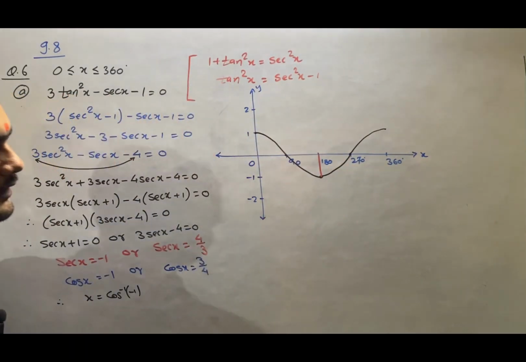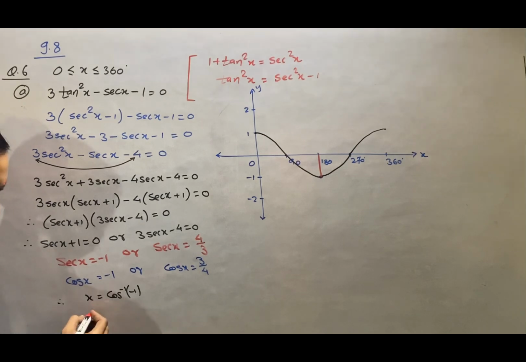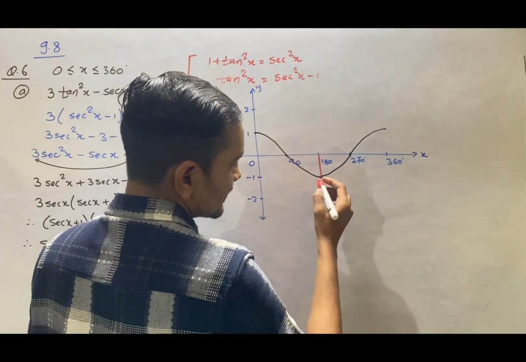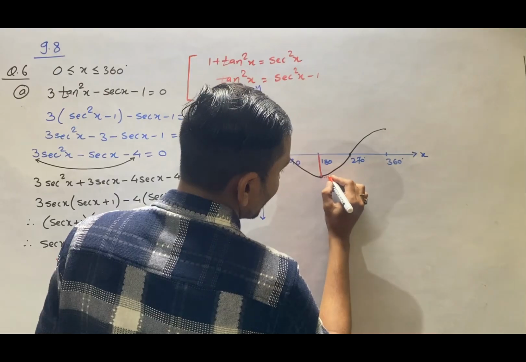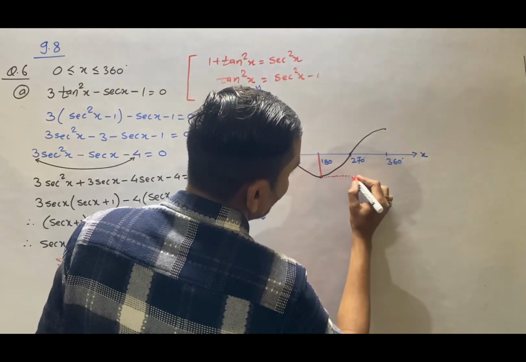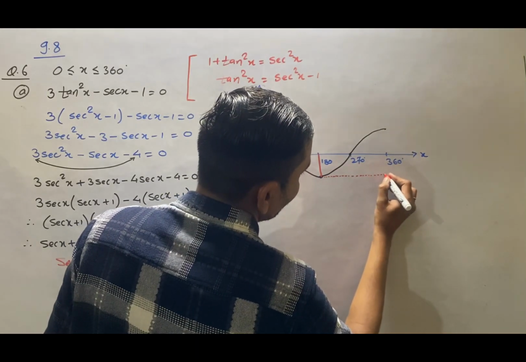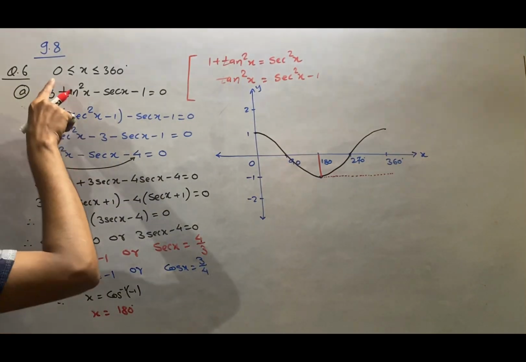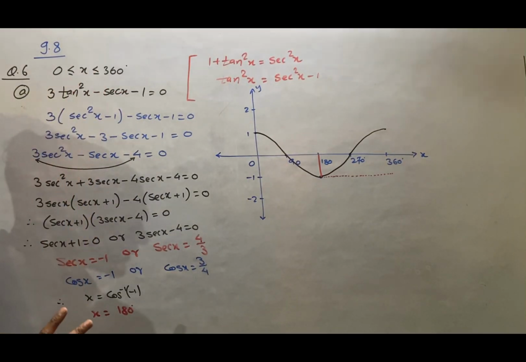So at 180, we can say x equals 180. Here we don't get another angle, because if we draw this line continuing parallel to the x-axis, till 360 it doesn't intersect the given curve, and we have a range of 360 only. So that's why for negative 1 we will get only one angle.